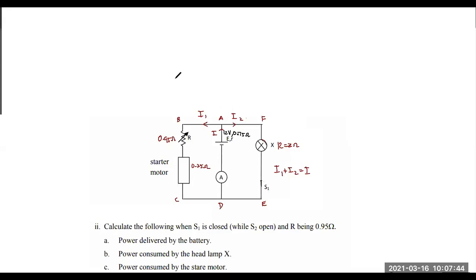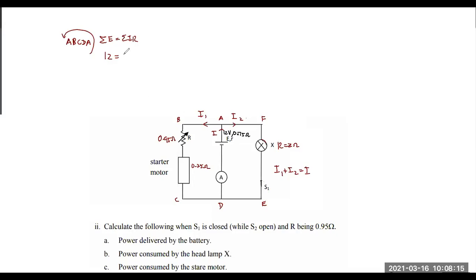So the other two equations, let's start with Kirchhoff's law for circuit A, B, C, D, A in the anti-clockwise direction. So that is sigma E equals sigma IR. What is sigma E there? 12. Only one battery is there. And then sigma IR, what should we do? The current I is moving through 0.75.